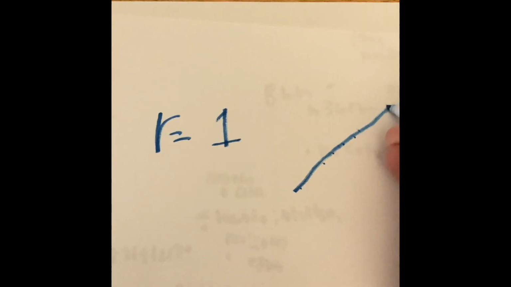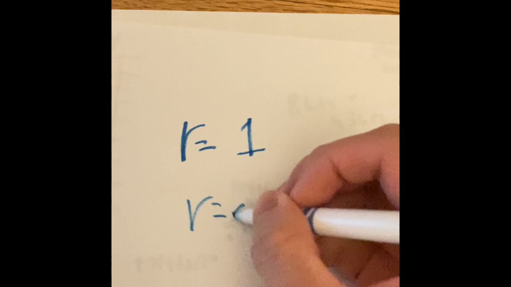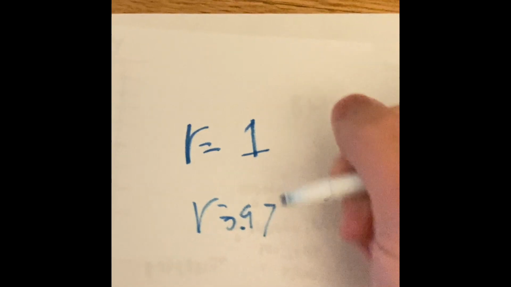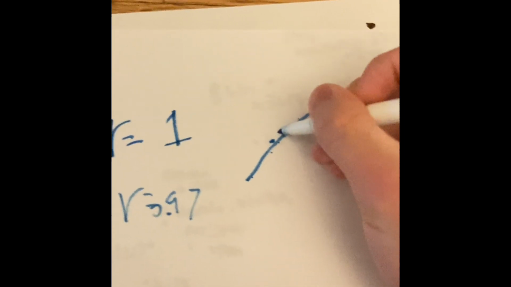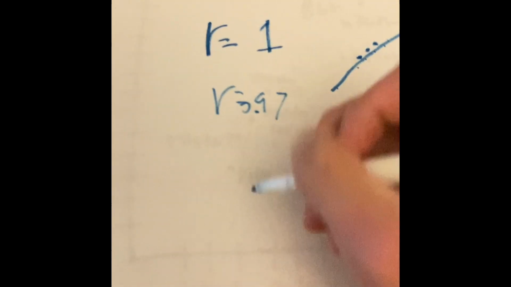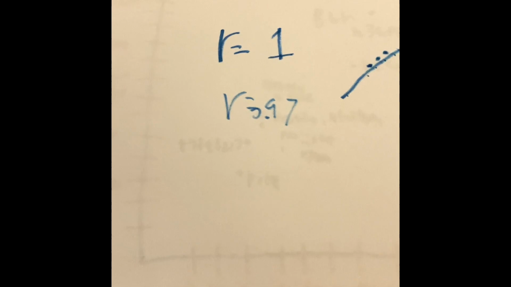But if R equals 0.97, that means it's not perfectly accurate because some dots are a little off the line, but it's somewhat accurate. That means 0.97 is really, really strong.